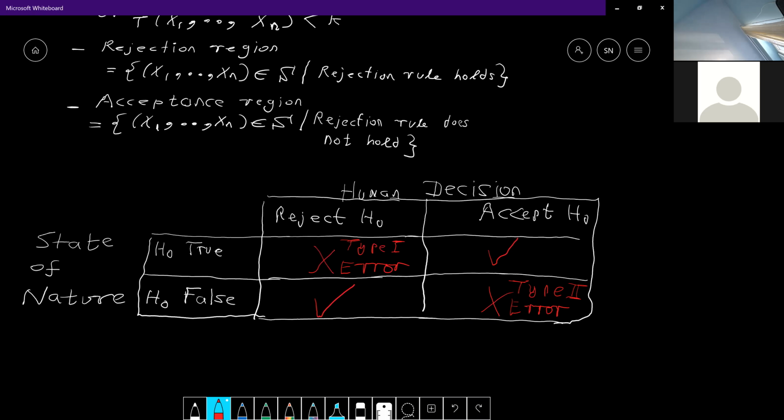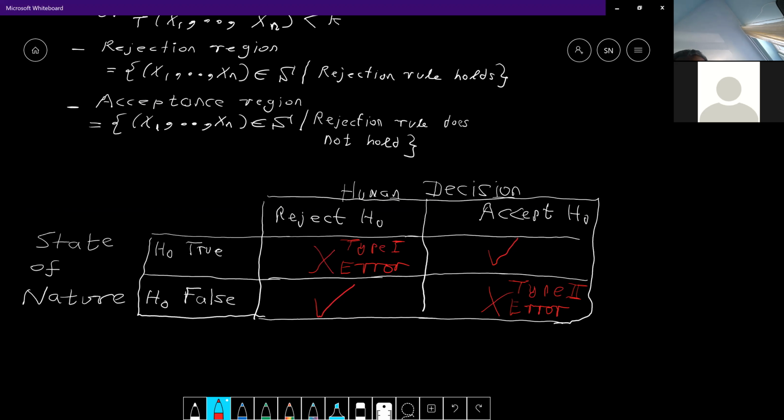You follow me? So type 1 error is the event that you are rejecting the null hypothesis when in fact it is true, and type 2 error is the event that you are accepting the null hypothesis when H0 is false.